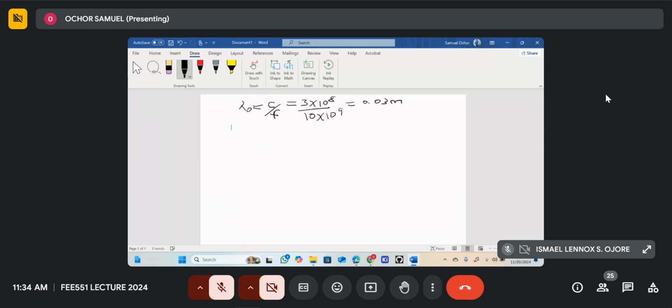Now we have to determine the various cutoff wavelengths for the modes. The formula for cutoff wavelength is lambda c given by 2b over n or 2a over n, whichever you decide to use. Is there a general expression for cutoff wavelength?